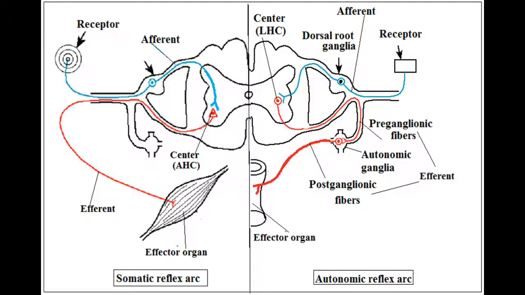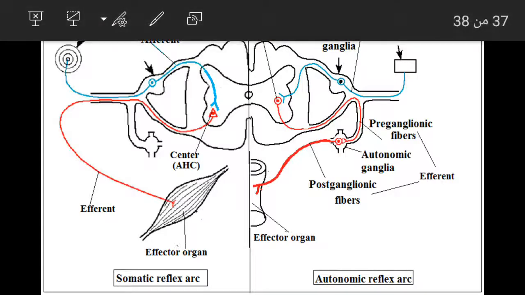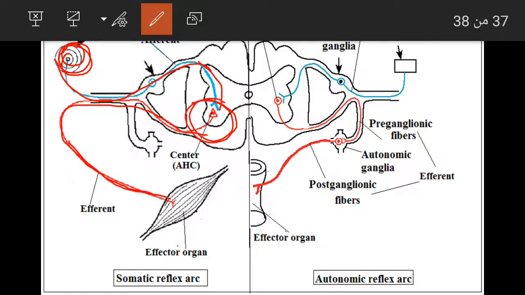So here are the somatic and the autonomic reflex arcs. This is the somatic. The receptor is present in the skin, the afferent enters through the dorsal root of the spinal nerve, and the center is the anterior horn cell. Then the efferent passes through the ventral root of the spinal nerve as one neuron to reach the somatic structure like skeletal muscle.